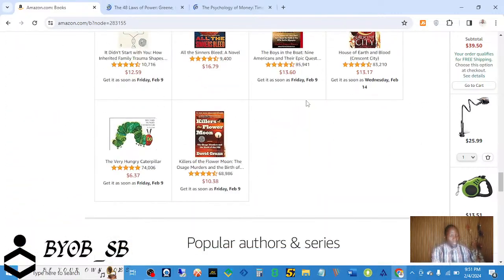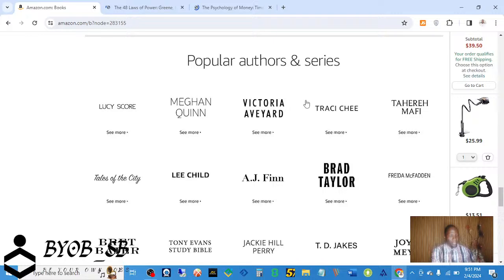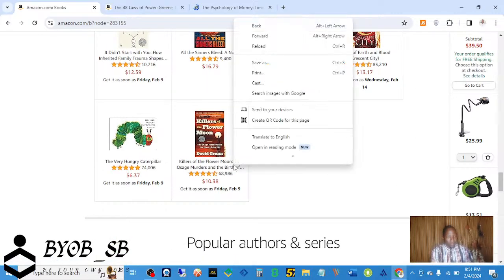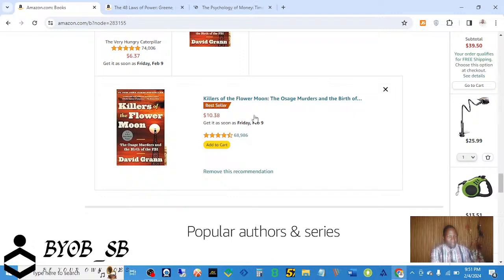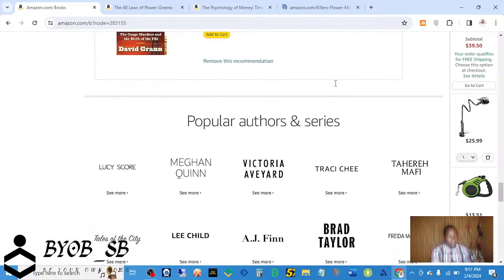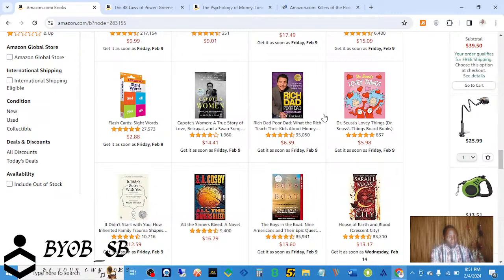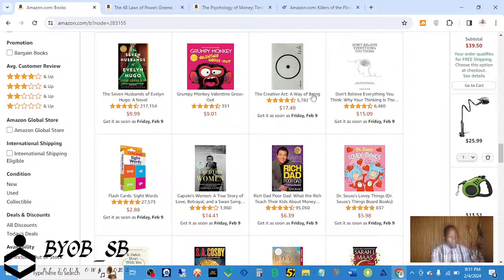I will also scroll down to pick some other books. I want to open a few.